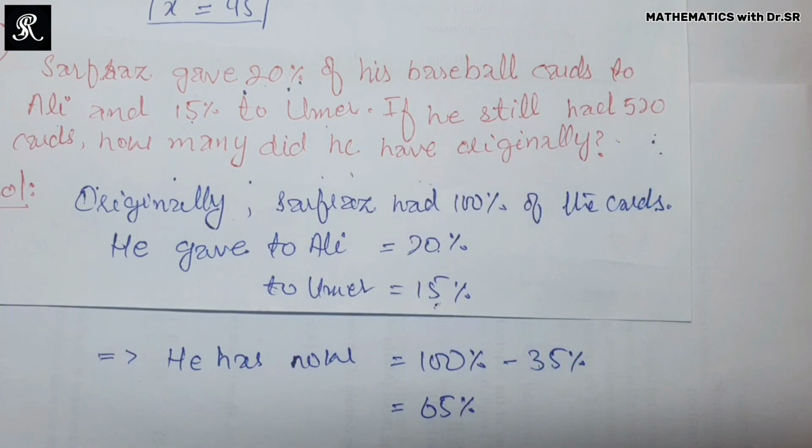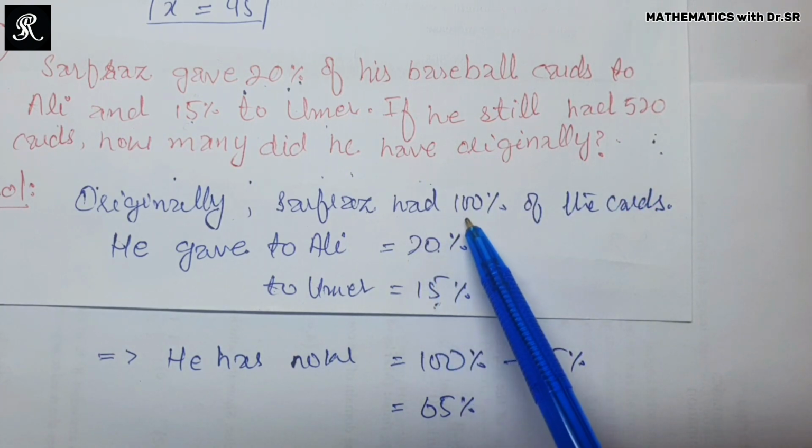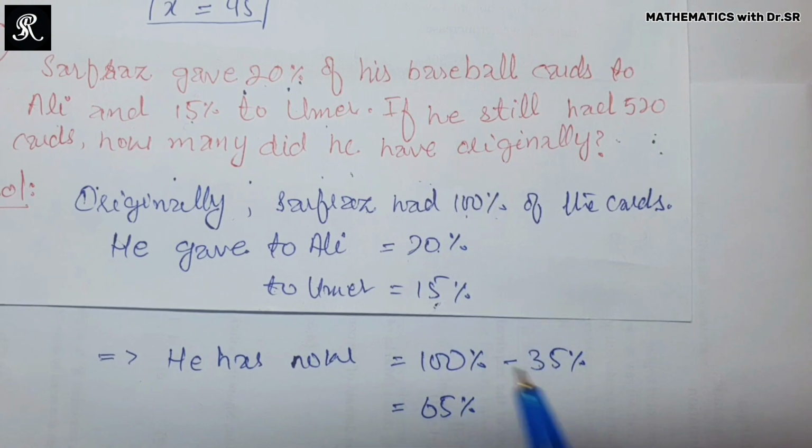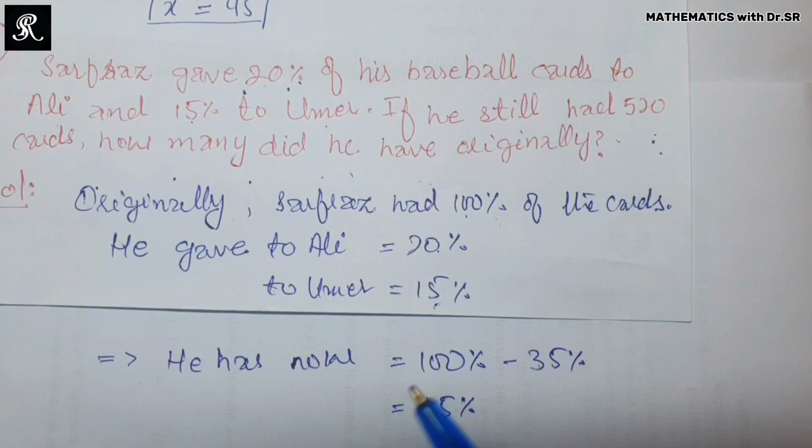As we know that he had 100%, but we don't know the number of cards, how many cards he had at the start. We know that was the 100%, but we need to know the exact amount of those cards.